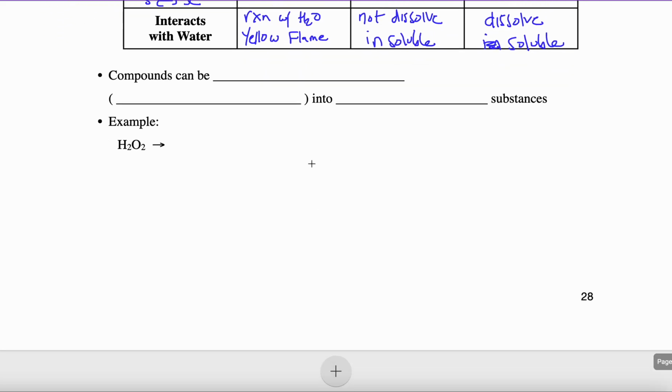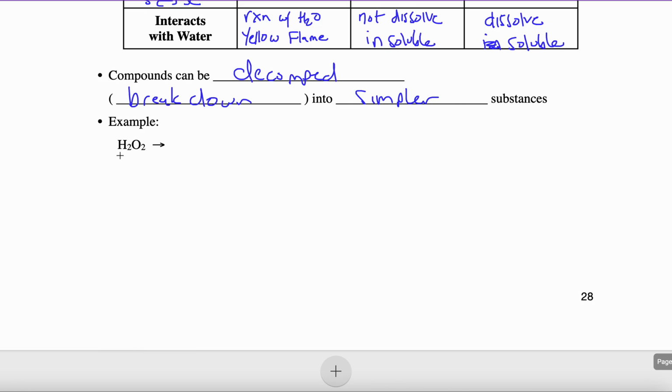So here we go, the last part. Now, the other thing that makes compounds unique as a substance compared to elements is that compounds can actually be chemically decomposed. Meaning that we can break down compounds, and we can change them into different, simpler substances. So here is an example. Hydrogen peroxide.